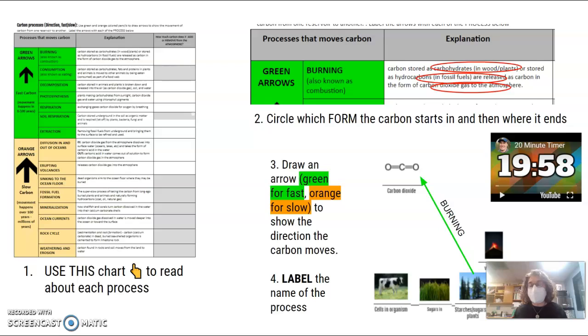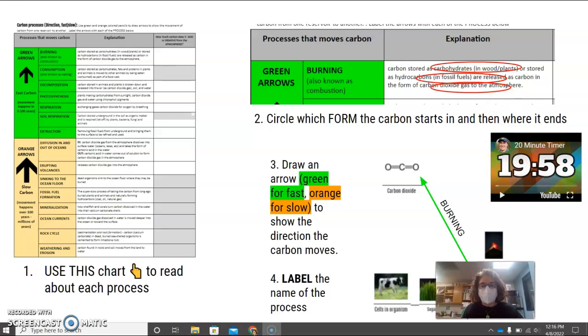All right, there are a couple of pieces that you're going to need to know there. One is its starting spot. Burning can have two starting spots. It could be burning of carbohydrates in wood and in plants, and it could be burning of hydrocarbons in fossil fuels. Its finishing place in this part of the carbon cycle is going to be as carbon dioxide gas in the atmosphere. So how will you represent this in your model?